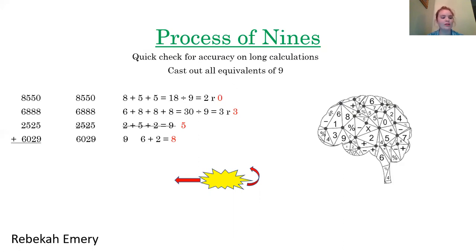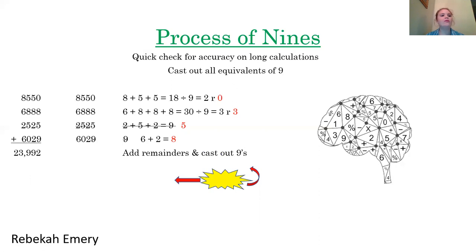Now we will look at 2,525. Let's add 2 plus 5 plus 2 plus 5. You can easily see that 2 plus 5 plus 2 equals 9. We can get rid of that first, which leaves only a 5. Finally, the last number in our problem is 6,029. We start by casting out the 9 and then add 6 plus 2, which equals 8.